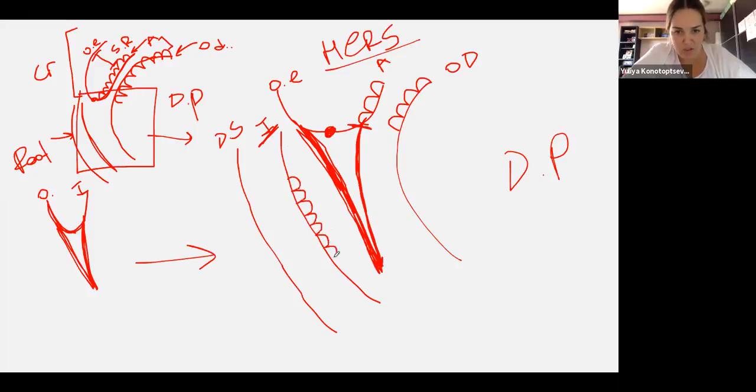So when the HERS appears in the deep region of the tooth, the inner layer of the dental sac differentiates to become cementoblasts. So CB, cementoblasts are starting to appear out of it.